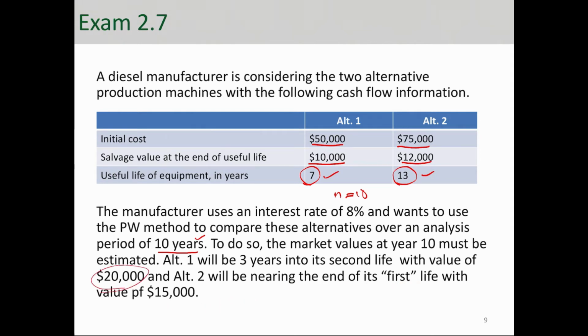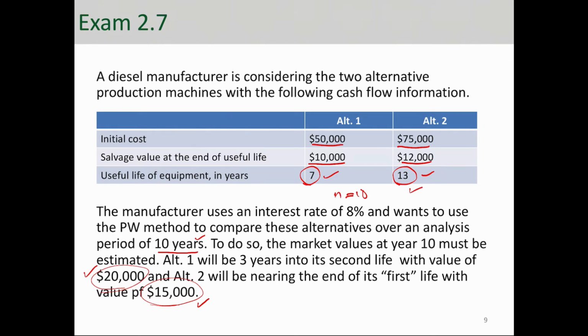And these values are essentially estimated market values at year 10. The estimated market value of alternative 1 is for the second purchase of that machine, and the estimated market value of alternative 2 is the worth of that machine at the end of year 10, although that machine still has another 3 years to go.